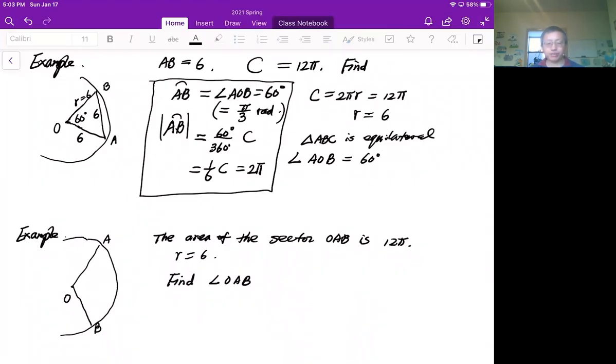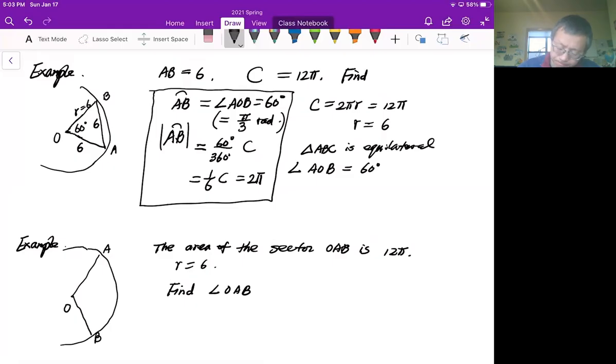The area of the sector is 12 pi, and the radius is equal to 6. I'm looking for the angle of AOB, that angle. Give everyone a minute.